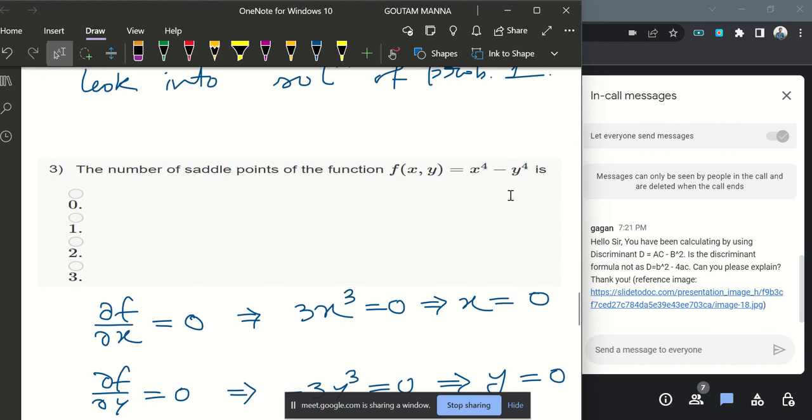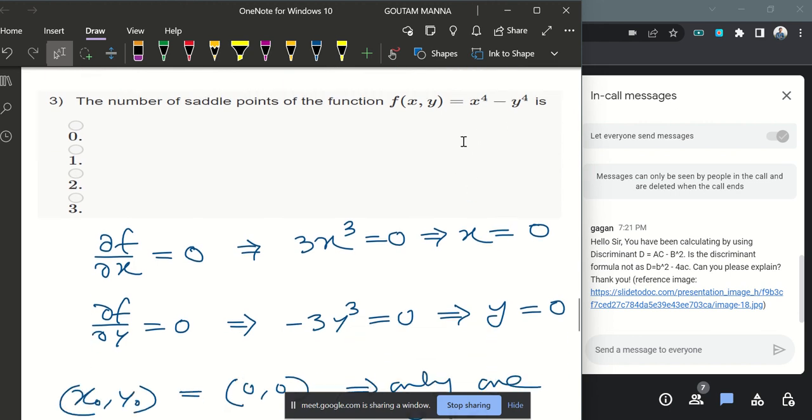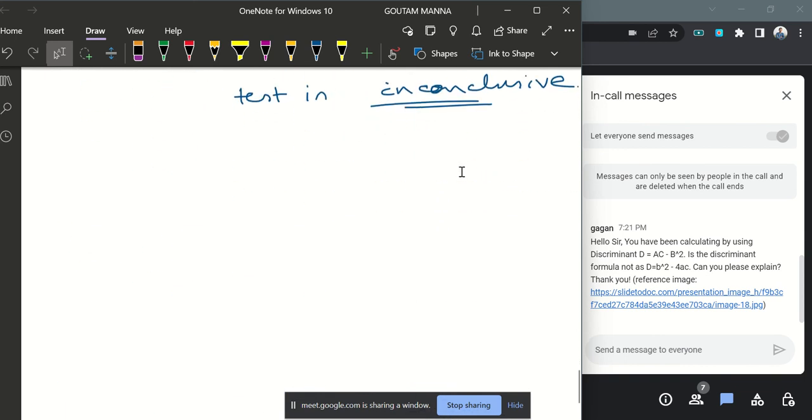If you plot this function in 3D, let's say z equals x to the power 4 minus y to the power 4. So let's plot it.